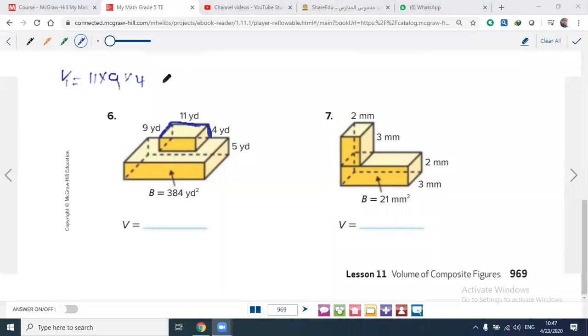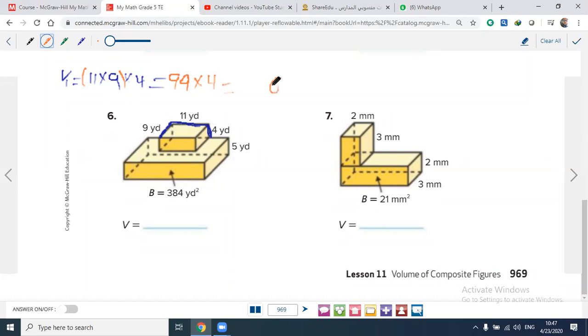Okay, so I have to multiply. I can use the associative property to multiply. I multiply 11 times 9 equals 99, then multiply 99 by 4. As we learned before, we use this property to make it easier to multiply many numbers. 4 times 9 equals 36.